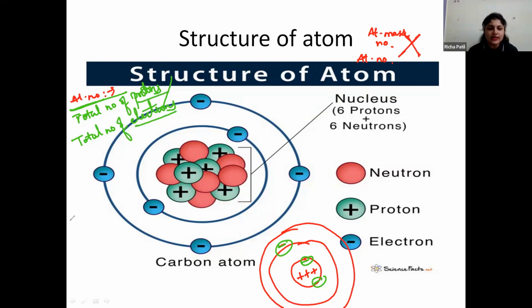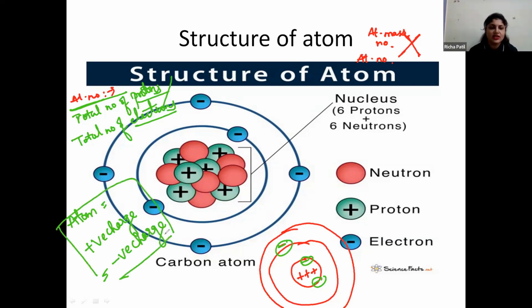Okay. So that is an atom. An atom is equal to what? Positive charge is equal to negative charge. So the number of positive charges is equal to the number of negative charges. Remember this. An atom always has a number of positive charges equal to the number of negative charges.